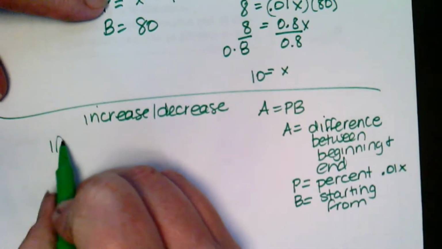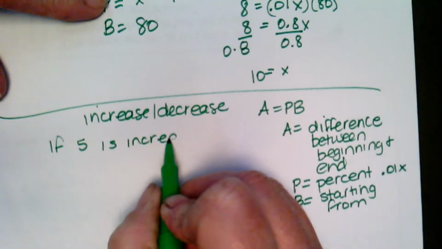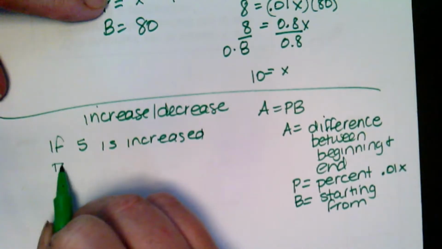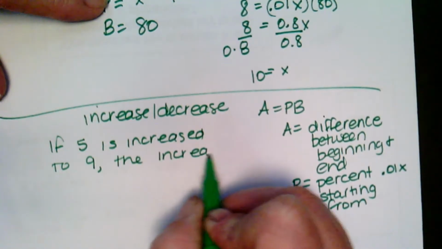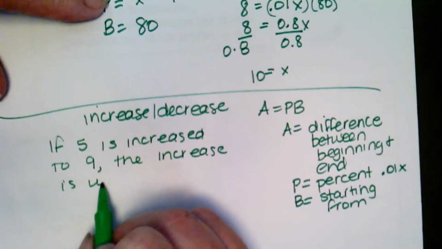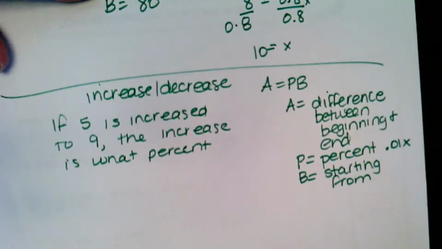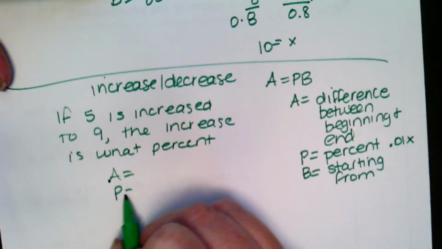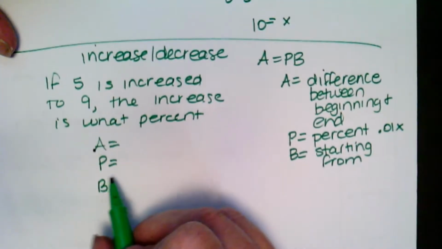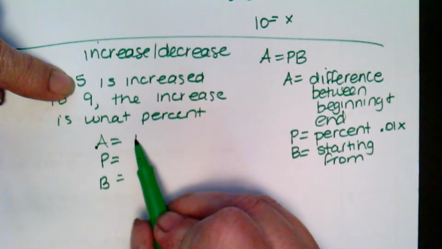Alright, so our question says if 5 is increased to 9, the increase is what percent of the original number? So A, P, and B. So our A is our difference. So 9 take away 5 is 4.